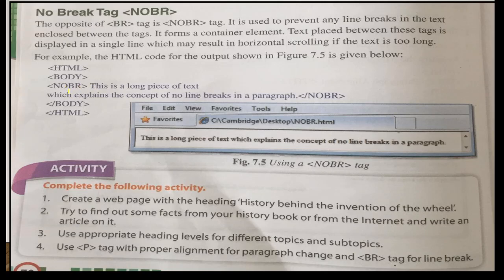You use the no break tag and then the text, and then at the next line he put another text, and then he closes here. As you can see, this is the output. He didn't put the next line of text into another line. He put it on the same line. That is the use of the no break tag.